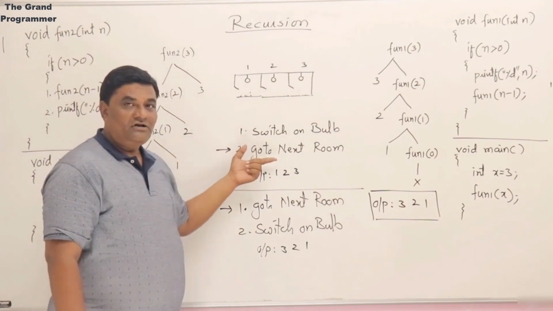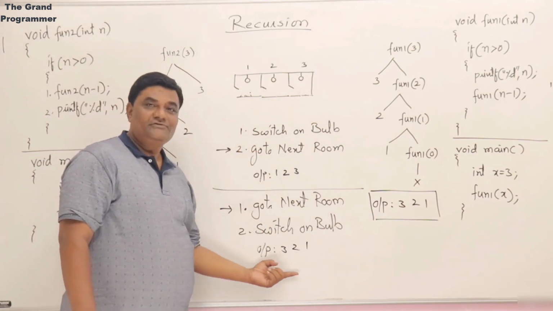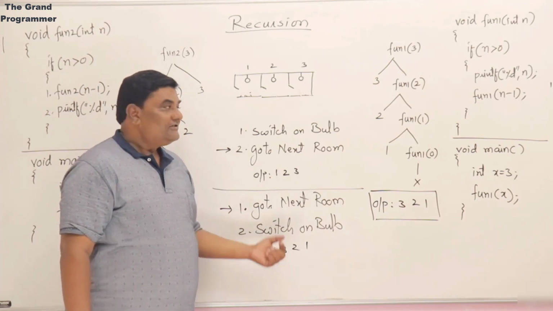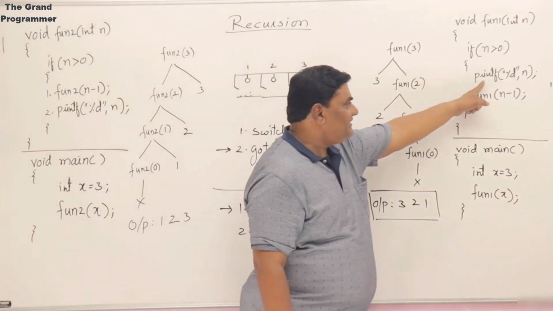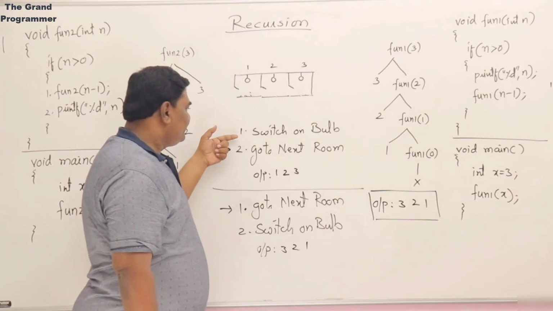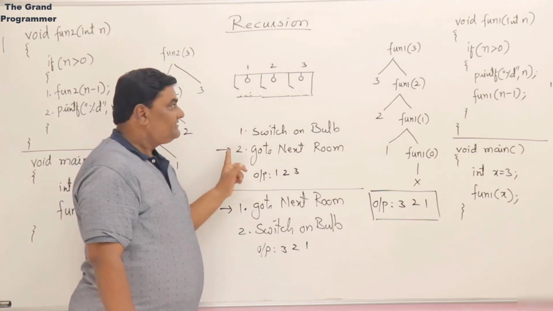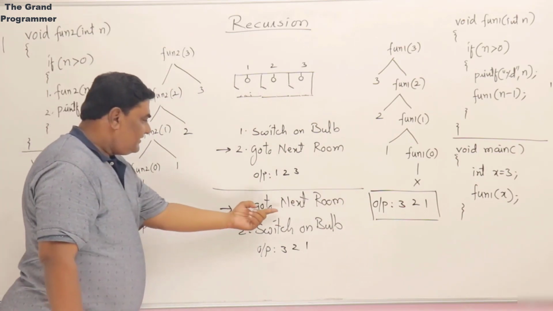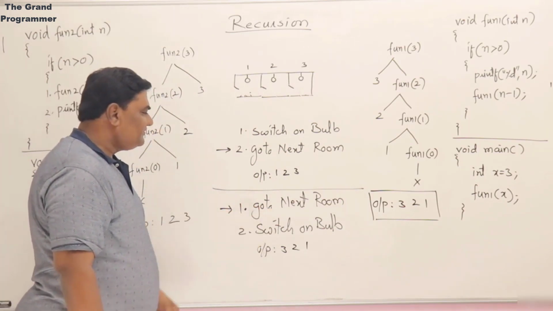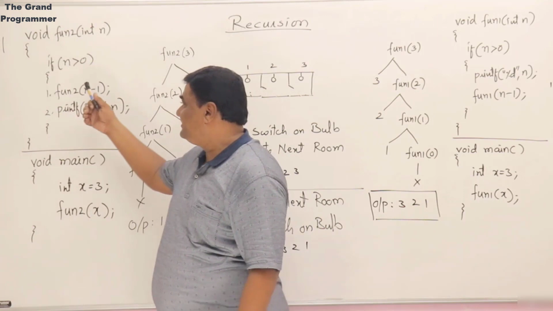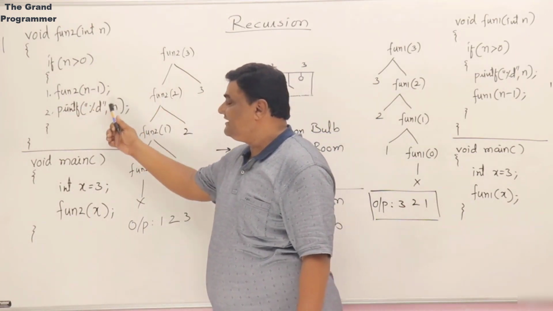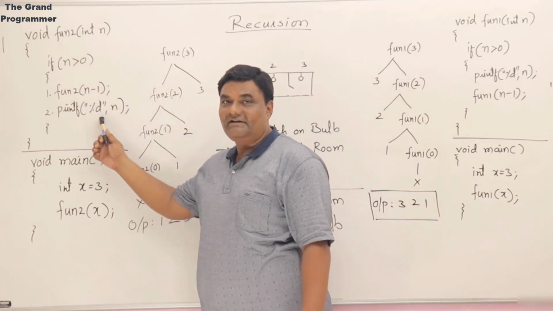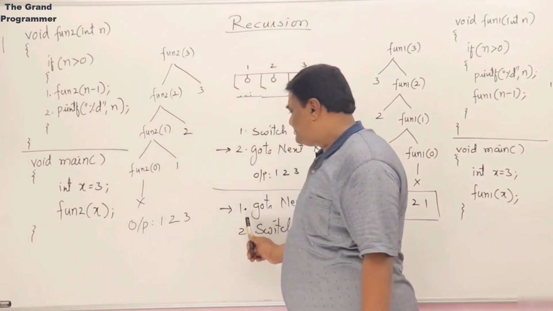Bulbs were switched on while going, and bulbs were switched on while returning. So print and then call is the same as switch on then go to next room. And go to next room then switch on is first make a call and then print. So this is similar to that one.